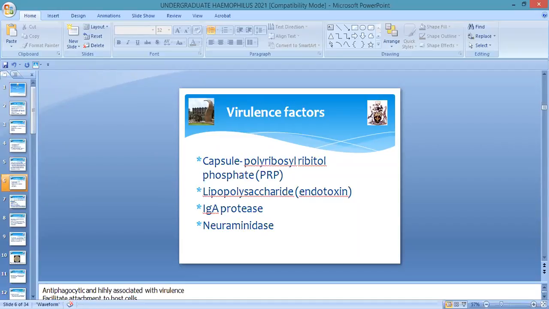Without that attachment, of course, infection will not take place. So it produces a number of adhesins that allow it to attach to the epithelial cells within the respiratory tract. We also have the IgA protease that allows for that kind of attachment or relationship, and also the neuraminidase enzyme.